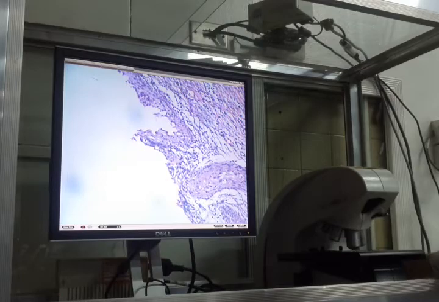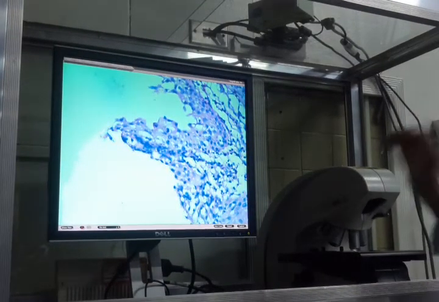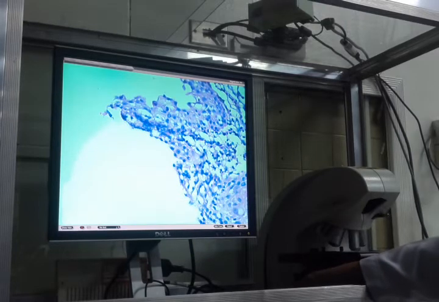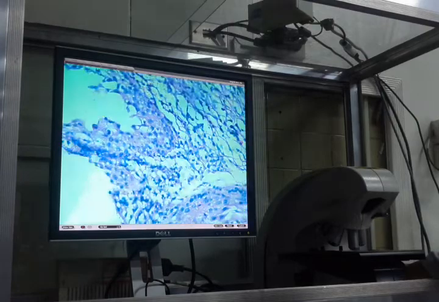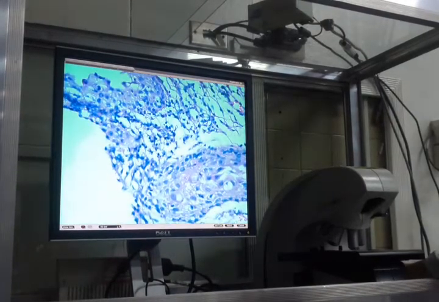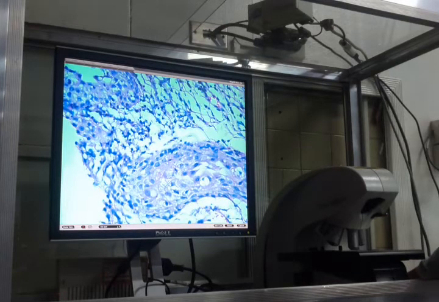This, and also this. It's lined by stratified squamous epithelium, but you know that you are in the endocervical portion already.